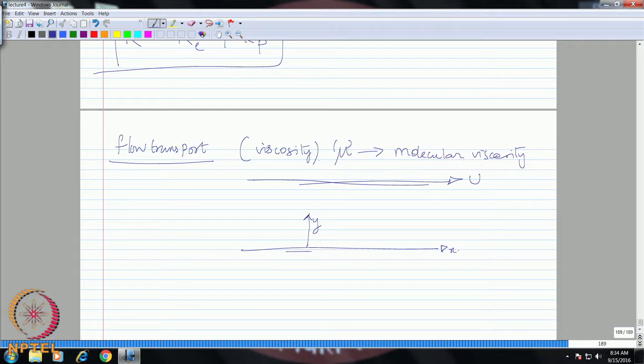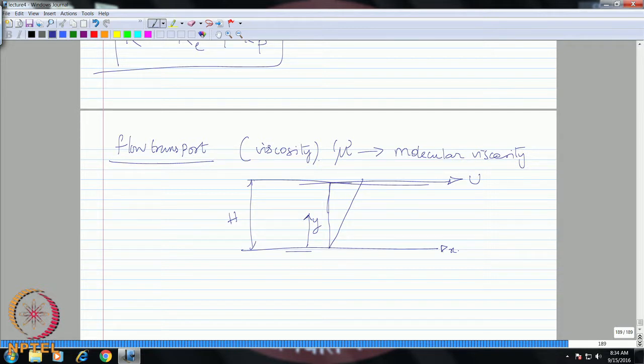So, therefore, it is periodic about x. You do not have to really bother about variation in the x direction here, the variation will be primarily in the vertical direction. If you look at coordinate system starting from y equal to 0 to y equal to, let us say, h, which is the separation between the plates, you have a variation in the velocity profile which is a linear profile. This is the characteristic of a Couette flow.